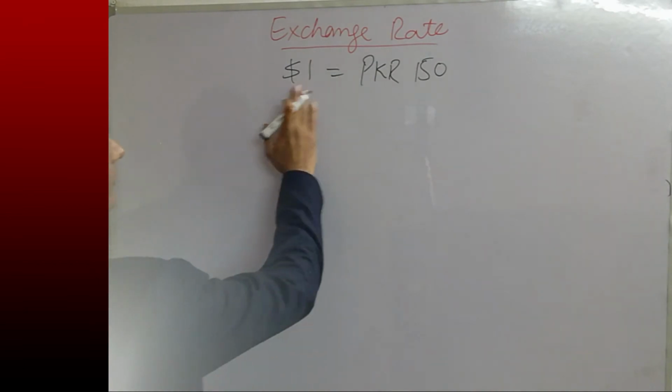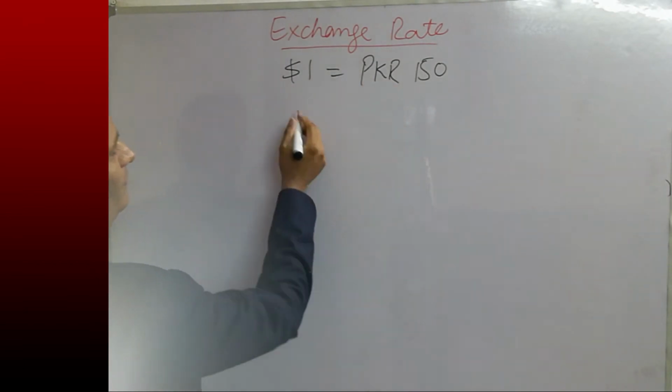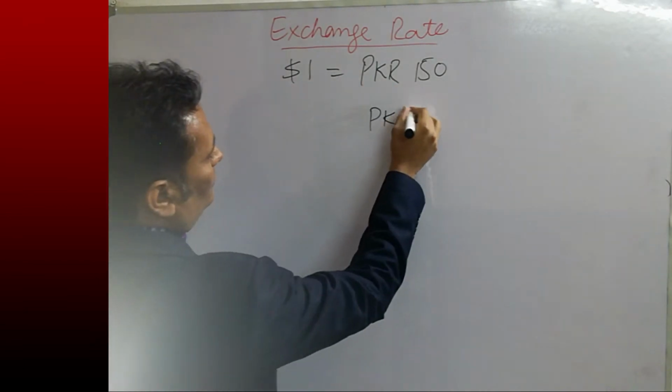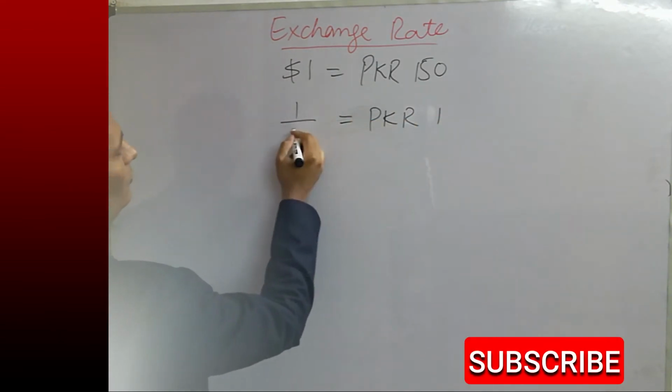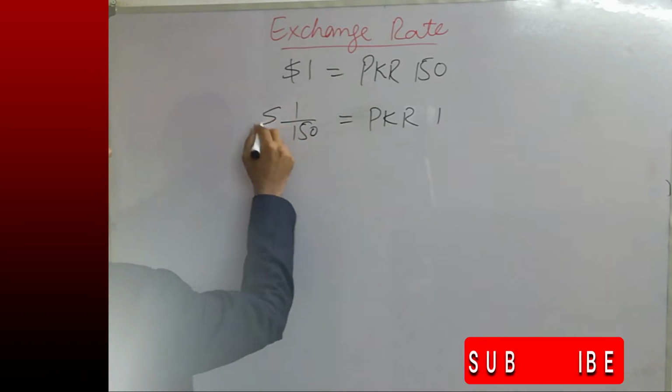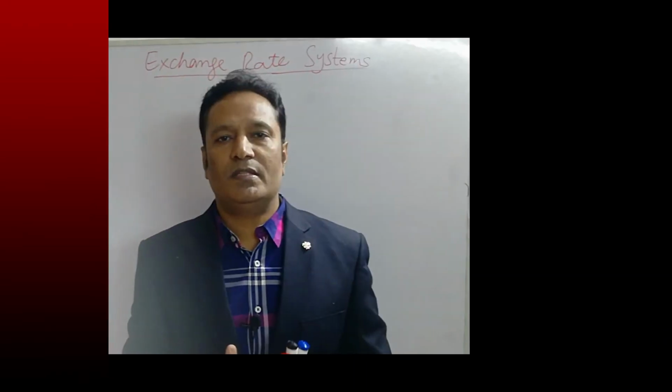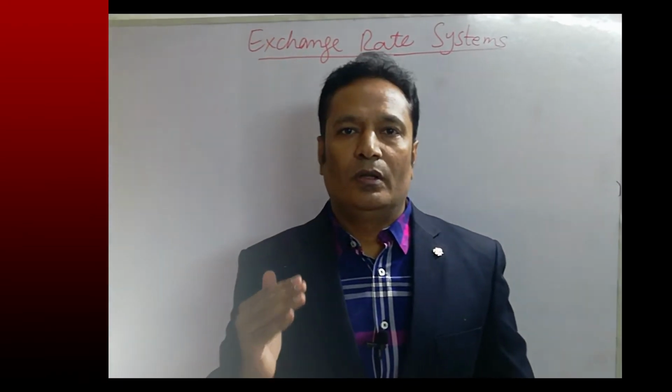So if $1 is equal to 150 PKR, it means 1 PKR will be equal to 1 over $150. Exchange rate of a currency is set through 3 different ways.